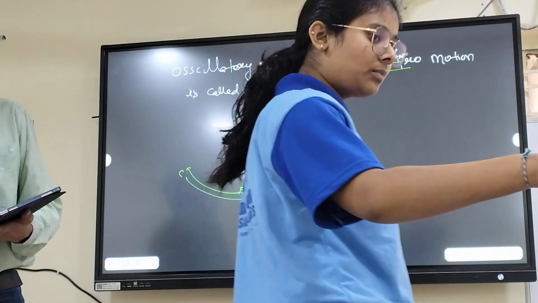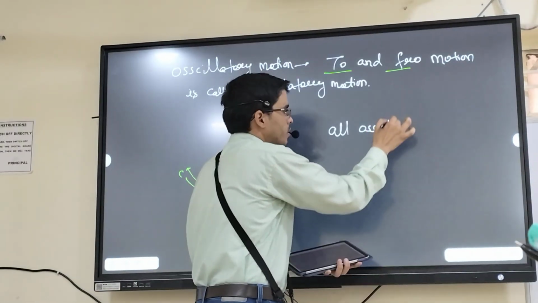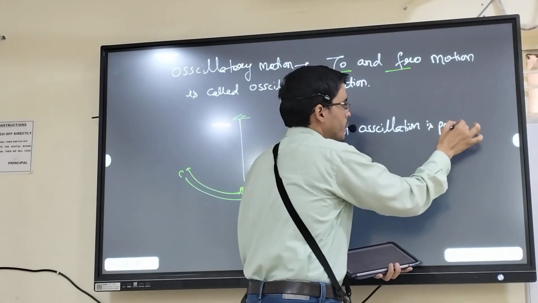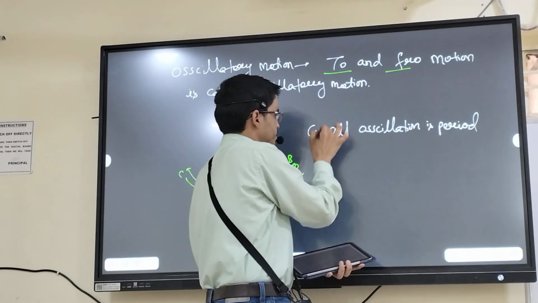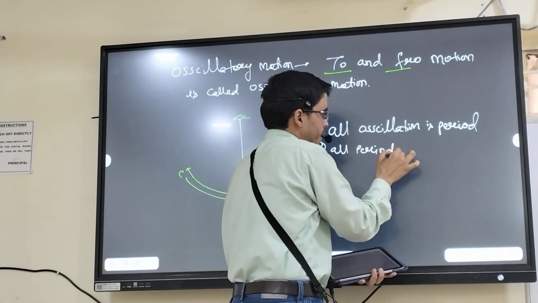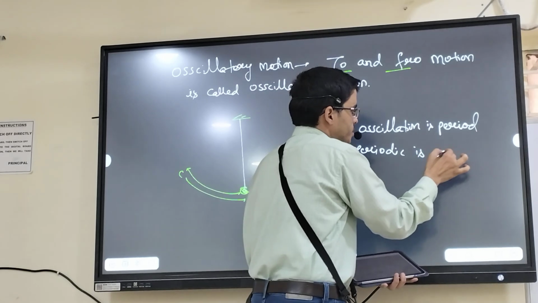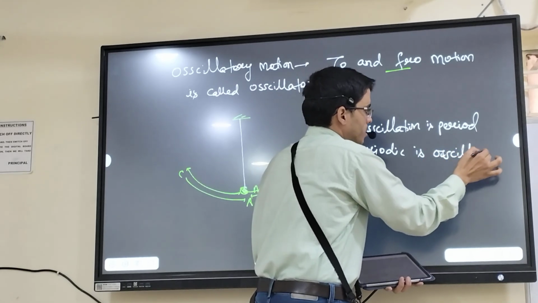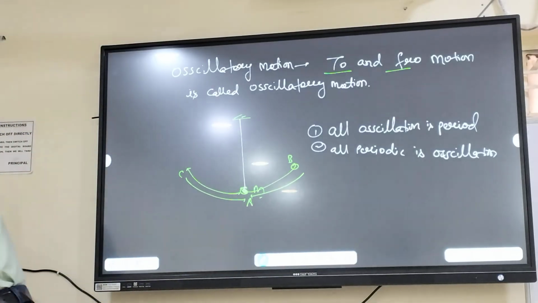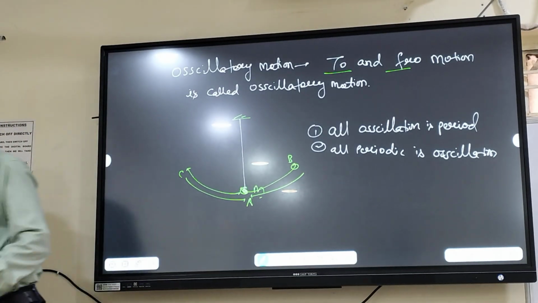Which is correct: all oscillation is periodic, or all periodic is oscillation?